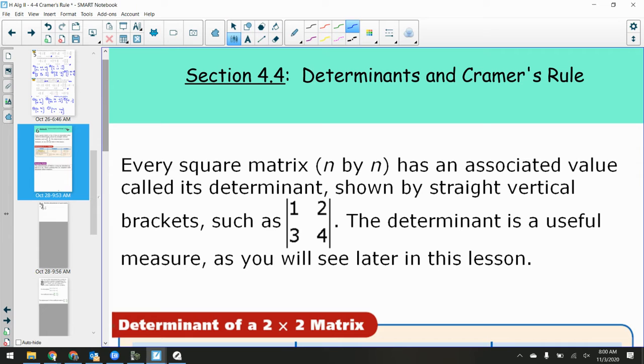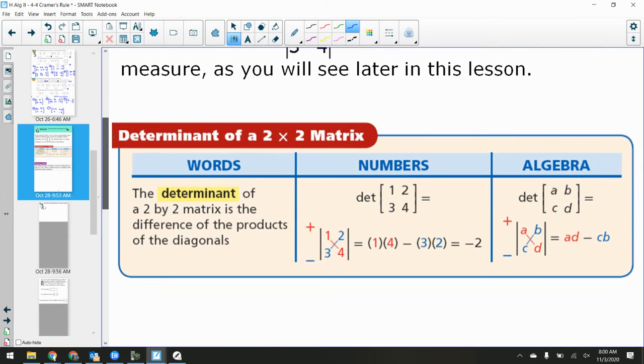We're going to start small, and find the determinant of a 2 by 2. The determinant of a 2 by 2 matrix is the difference of the products of the diagonals. I'm going to say that again: the difference of the products of the diagonals. Almost like I'm taking the cross products and then subtracting them.